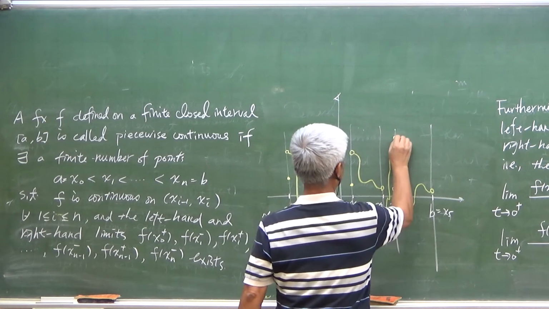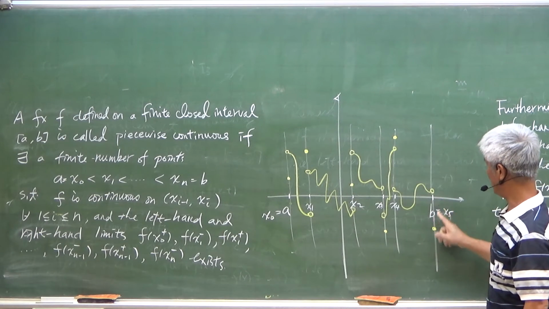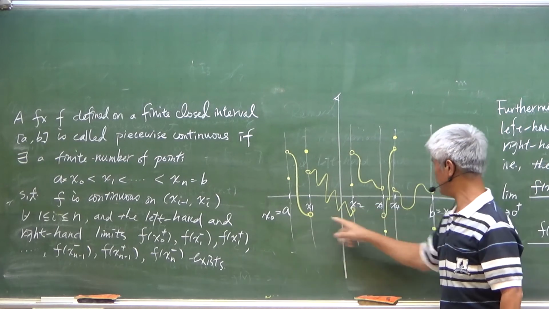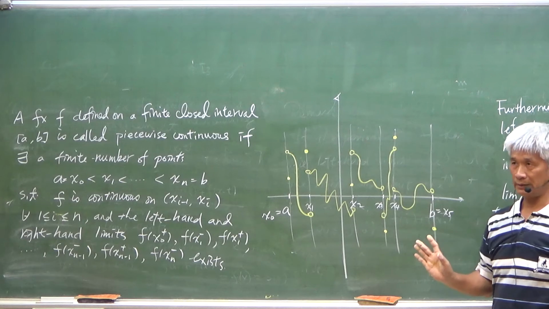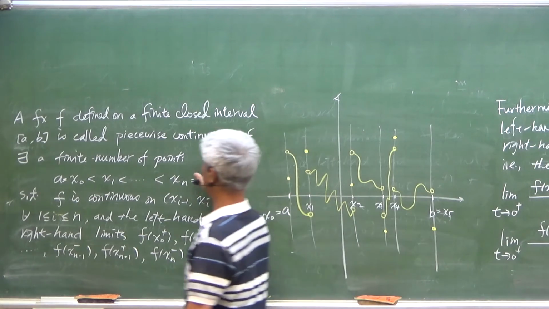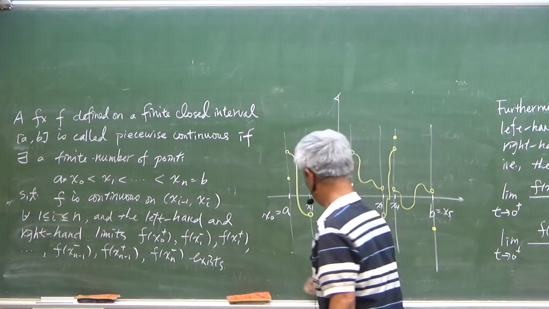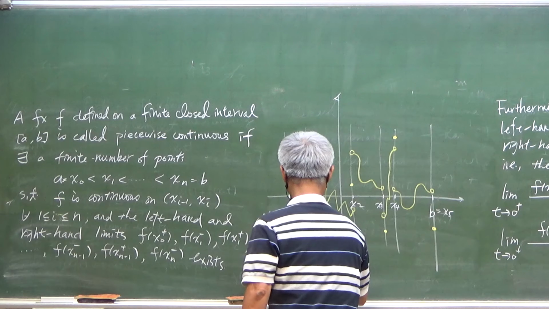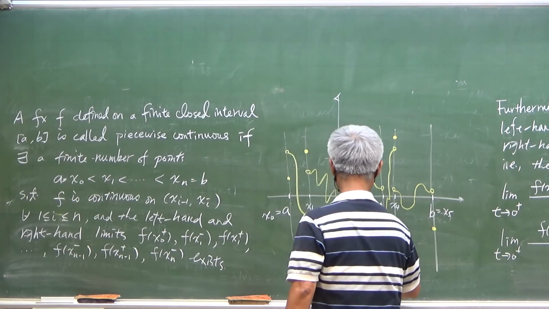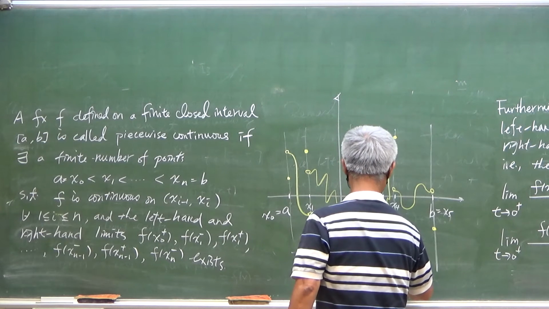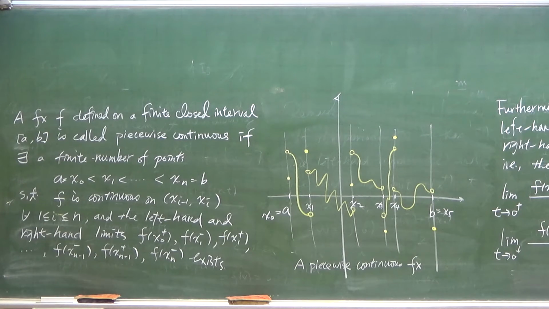So the function defined at the point here is 0 up to x5 at the arbitrary point. That's fine. So this is a typical example of a piecewise continuous function.